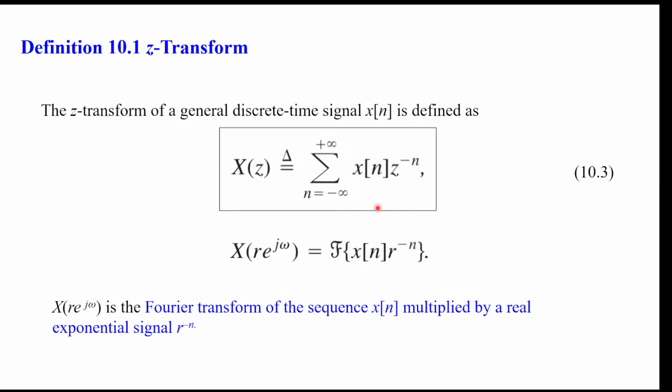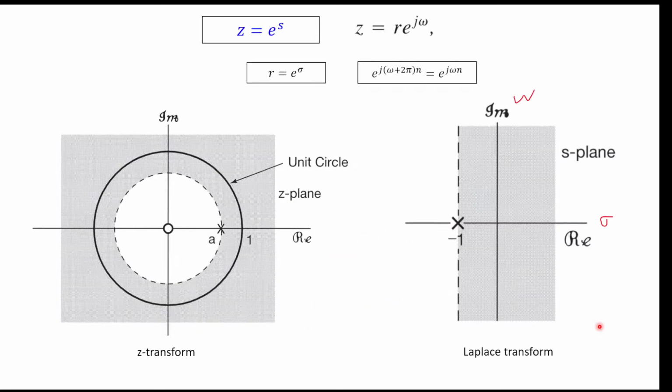Okay, and we see that the Z transform on some radius r is the Fourier transform of the signal times r to the minus n. Okay. And we see there is a strong connection between the Laplace transform and the Z transform. So we say the Z transform is basically the Laplace transform, but you wrap a straight line into a circle.